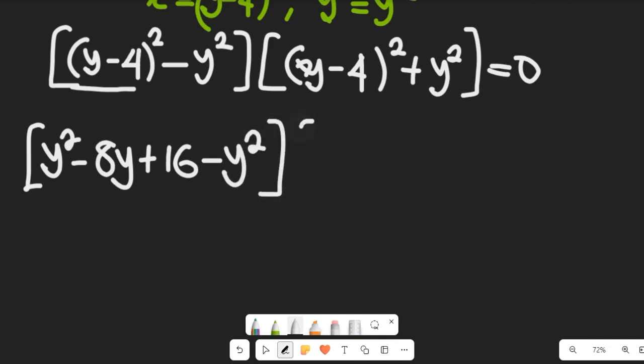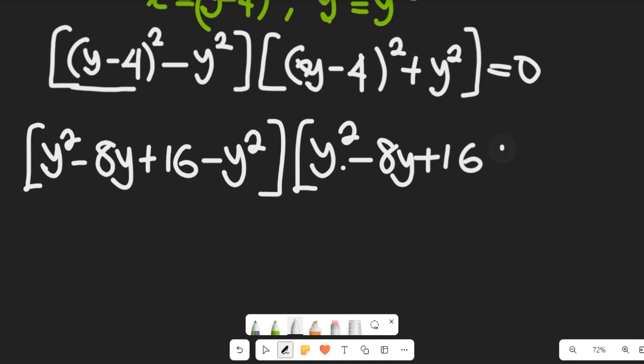The other expression, if I expand it, gives me y squared minus 8y plus 16, and this will be plus y squared, and all this will be equal to 0.